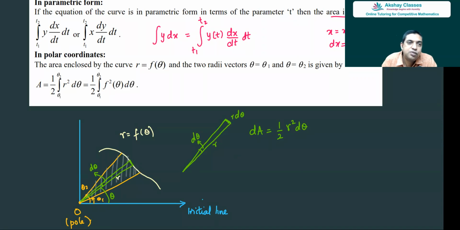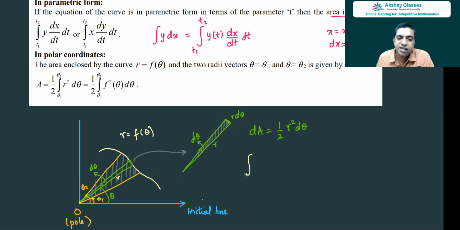So this is just this particular strip, the expanded form of the strip. So this dA is half r square d theta, because the area of the sector of a circle is half r square d theta. So how do we find the total area?